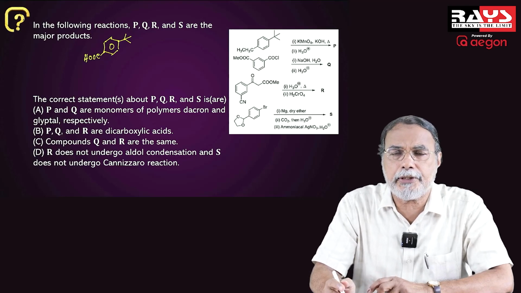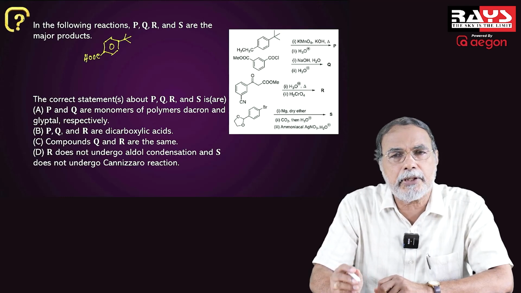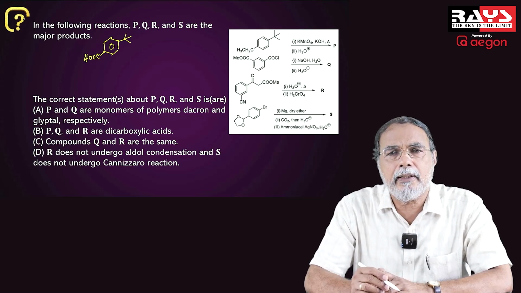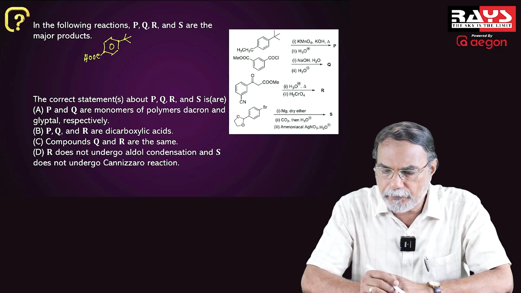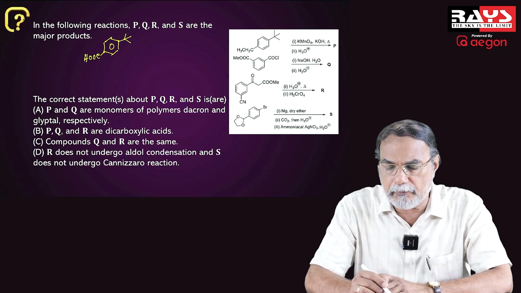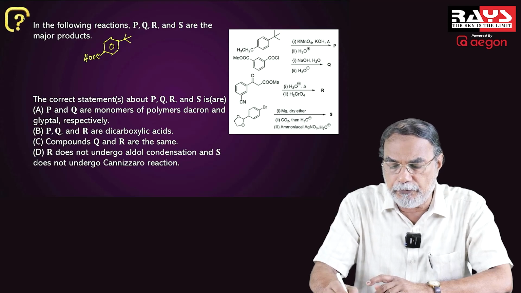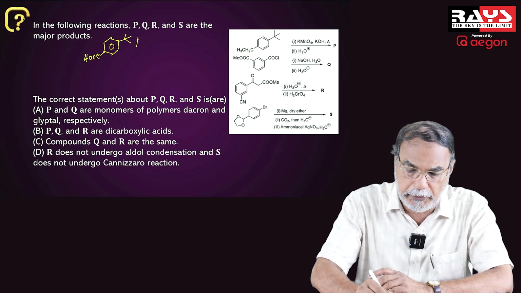And you know that in side chain oxidation, irrespective of the number of carbon atoms in the side chain, it is oxidized to the carboxyl group, provided you carry out the oxidation with alkaline permanganate for sufficient time for the reaction to get completed. So this is the product obtained in the first step. Of course, it is alkaline medium, so naturally the product formed will be the salt, and on acidification, that is the second step, you will get the free carboxylic acid. So this is compound P.